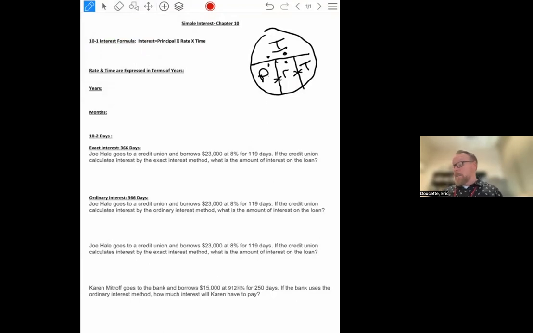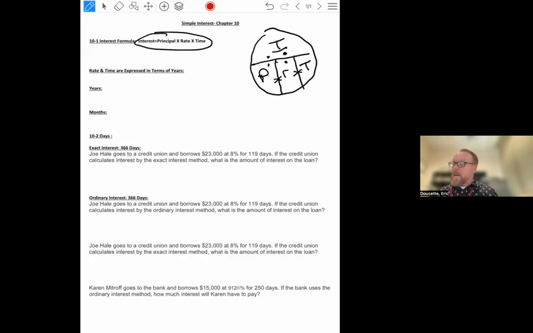If you have two of those factors at the bottom and you divide it by whatever the interest is, you'll find the third factor. So you can see here, this is called the interest formula. Interest equals principal times rate times time. And so we've already learned how to do the base and the rate and the portion. Now we're going to look at the principal, rate, and interest.